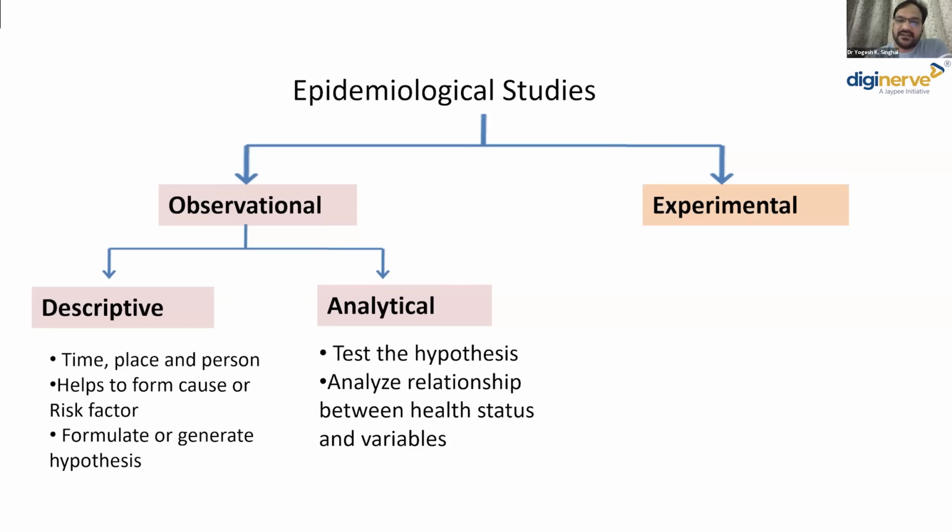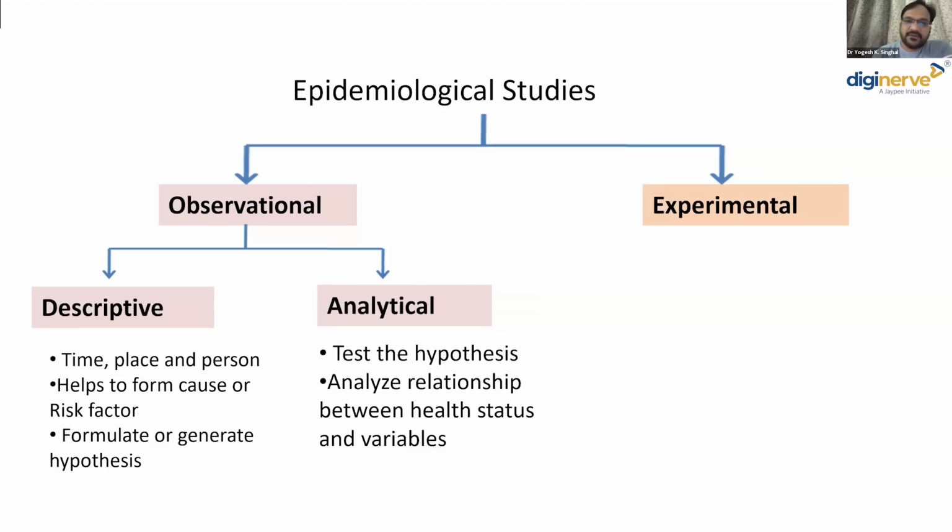We try to find a relation between health status and variables, or between the risk factor and the disease or outcome, or the causative factor and the disease. These things we try to find out in analytical studies. It's simple.